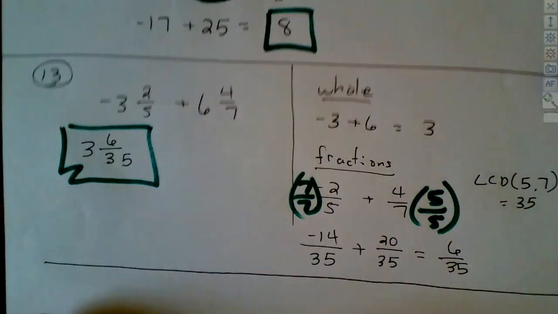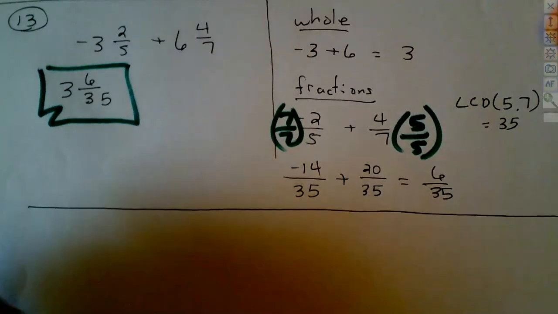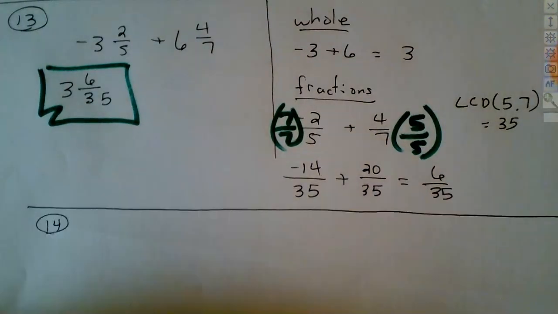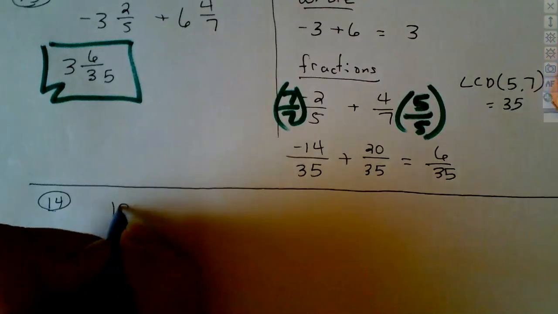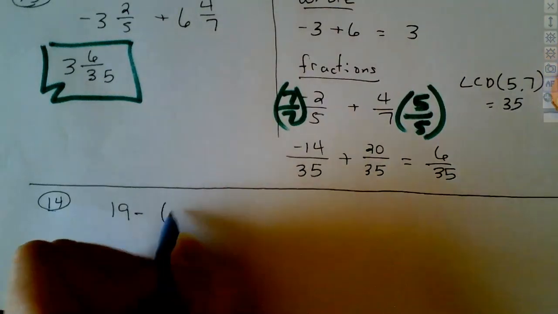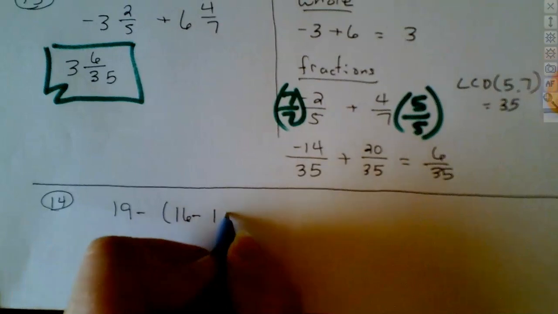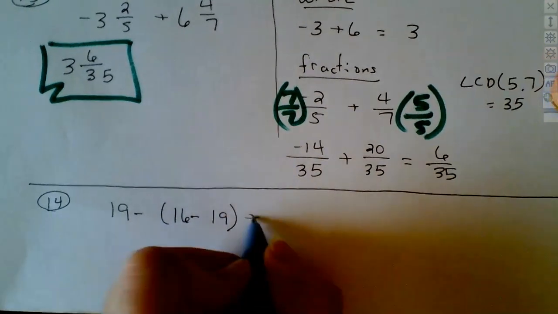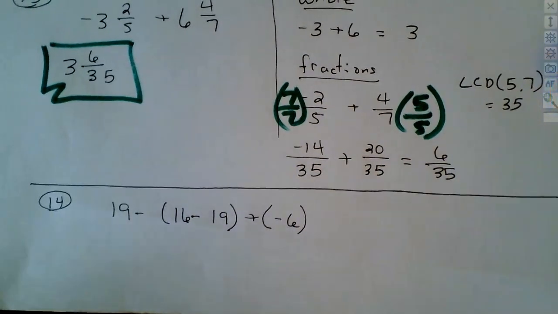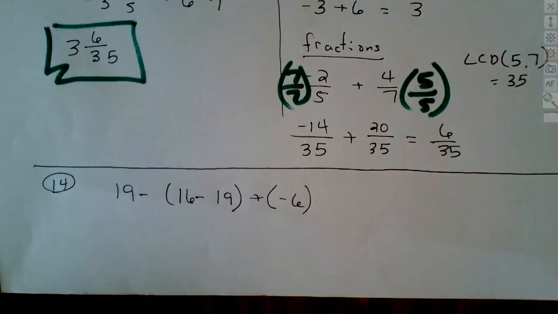Question 14 is more order of operations. So that is 19 minus 16 minus 19 plus a -6. Order of operations, what do we do?